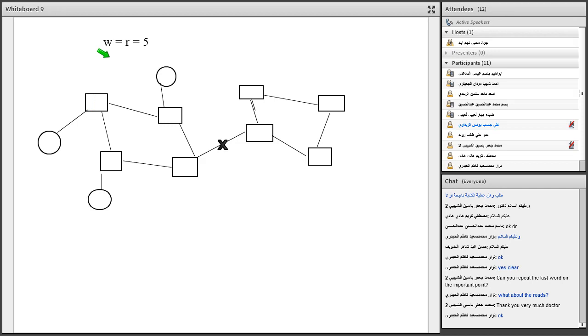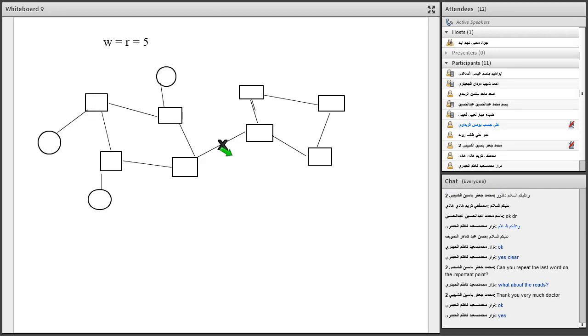So before repairing this connection, the requests for partition 1, in other words the requests for square nodes, are sent to circle nodes also.